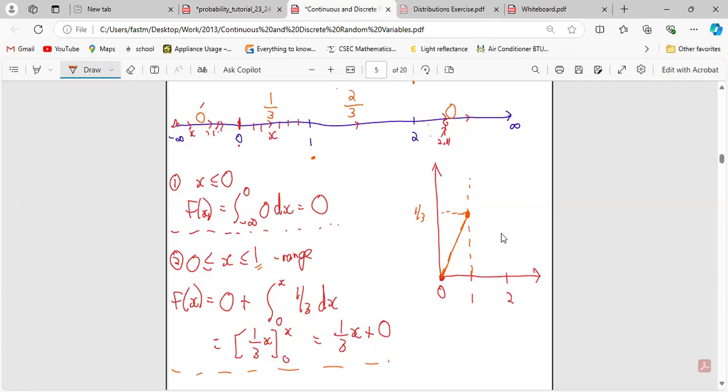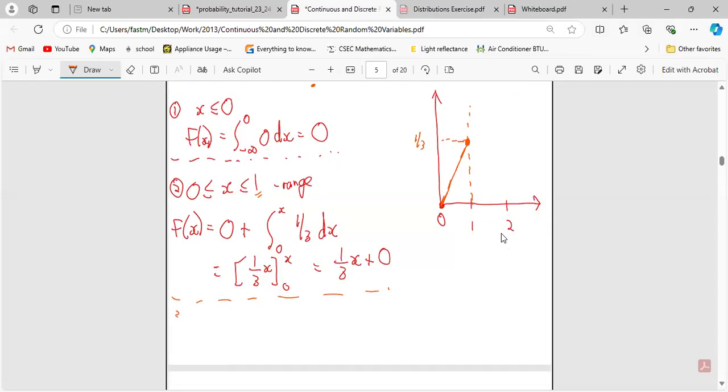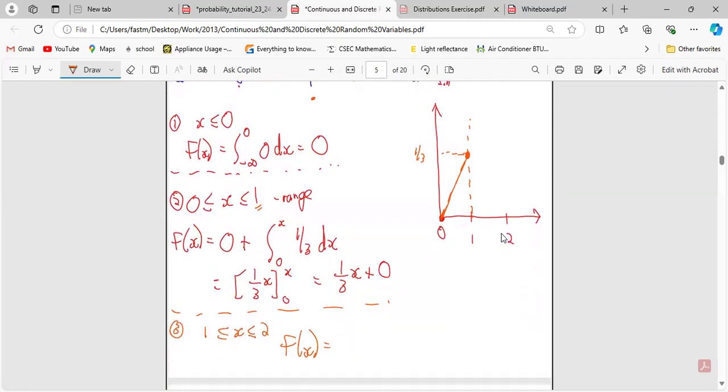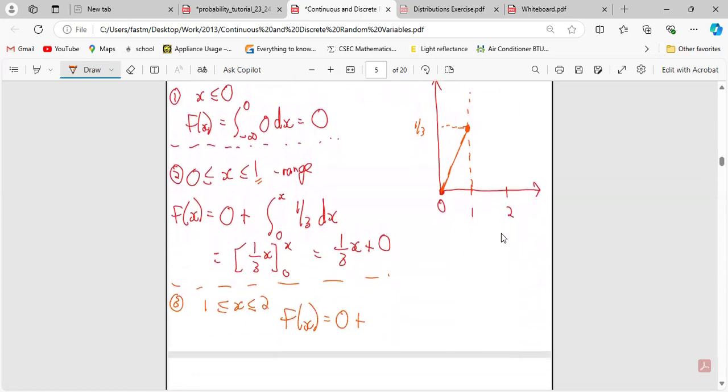And if I continue to move my x now, so x will be in between 1 and 2. So that'll be the next range, the third one. That is if x is less than or equal to 2 and more than or equal to 1. And that'll be capital F of x. So between minus infinity and 0, the area is 0. Plus, between 0 and 1 it is at 1/3, flat out, can't pass it.